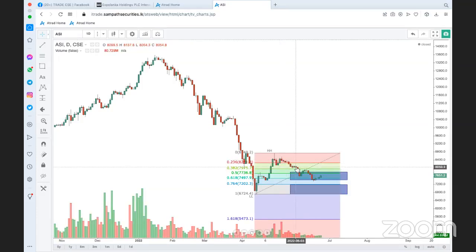There are no hard and fast rules, because when the index is moving up until the breakout takes place here, these lines will act as resistance levels. So we can draw the zones based on our own analysis.